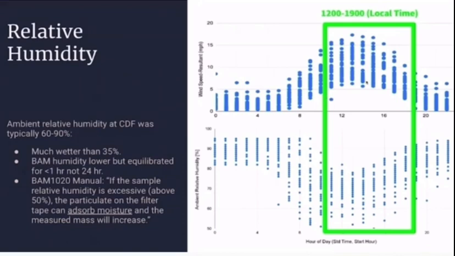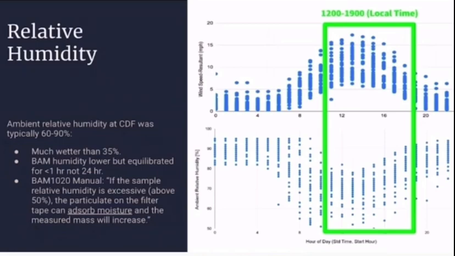So I mentioned that the BAM sometimes gets water stuck on it. And that's because at the CDF site, the relative humidity varies from about 60% to 90%, and there's a daily cycle that kind of mirrors the wind speed, but it also mirrors the temperature. So in the afternoon, during the hotter times, humidity is a little lower, but the entire time it's much wetter than 35%, which is the regulated humidity you're supposed to measure at.